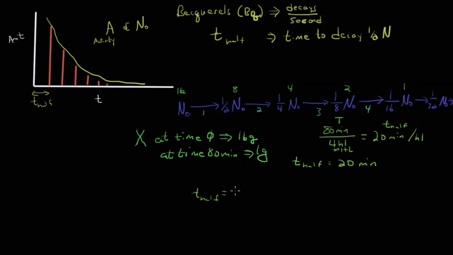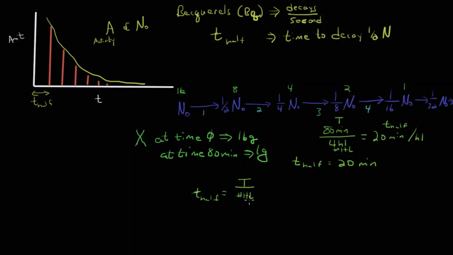This is something that you can use if you want to, or else you can just figure it out as you go along on your own. But if you understand this equation, it'll speed up your time just a little bit. So T, the half-life, equals the time over the number of half-lives. So if you know 2 of these, you can figure out the other one.